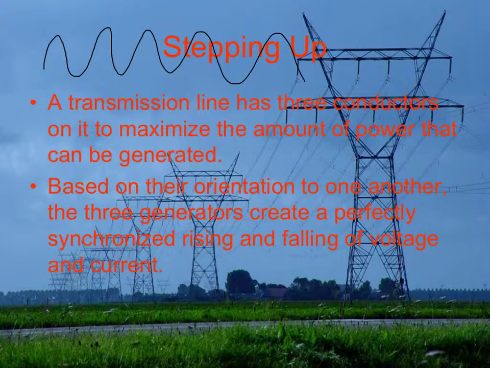And so what they started doing is to have these 3 lines, and the three lines carry currents from 3 different generators that orient themselves perfectly with their oscillations to make the most efficient transmission of electrical energy.